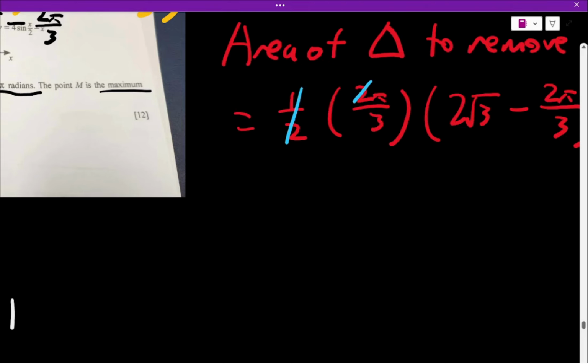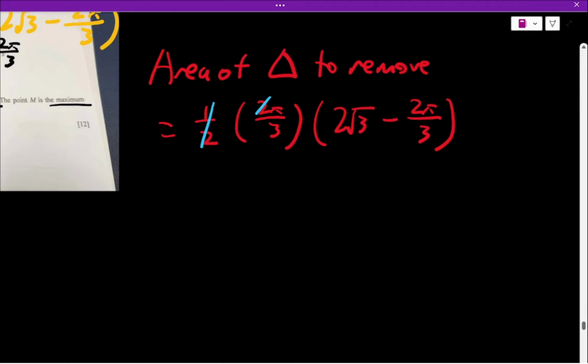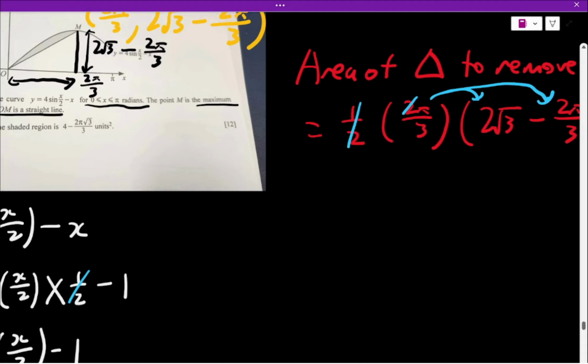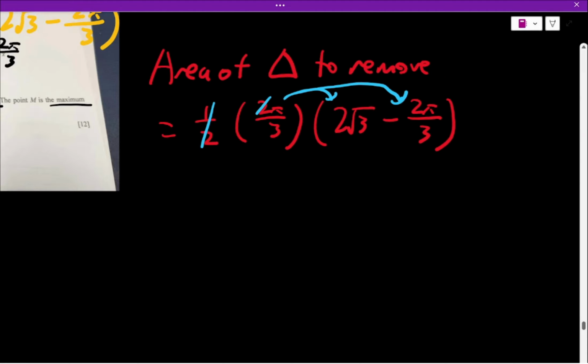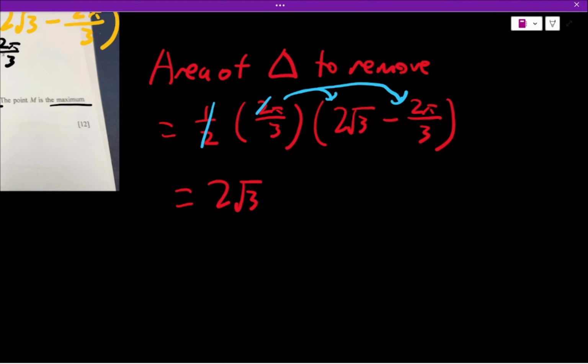So what we have to do is distribute this pi over 3 to each of these terms right here. So this is going to give 2 root 3 times pi over 3.